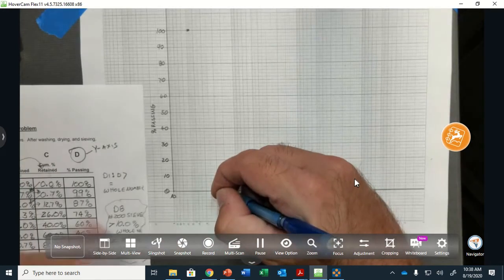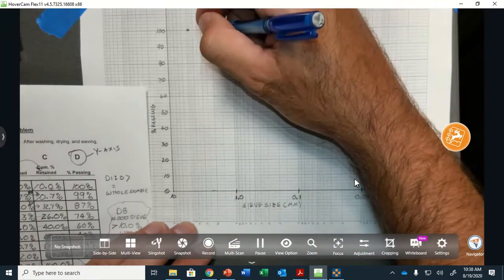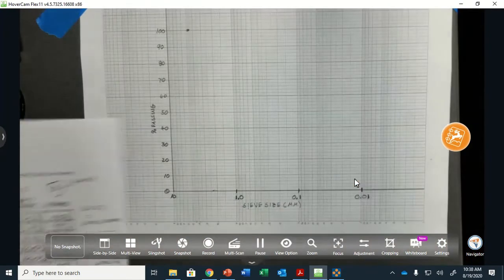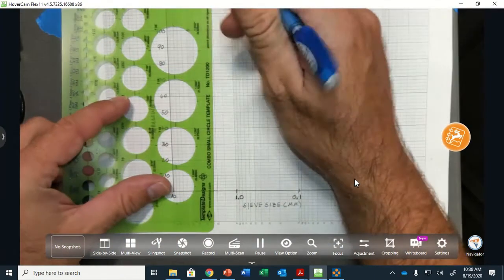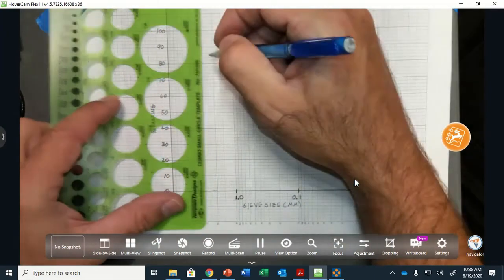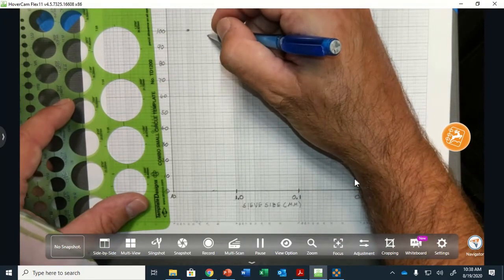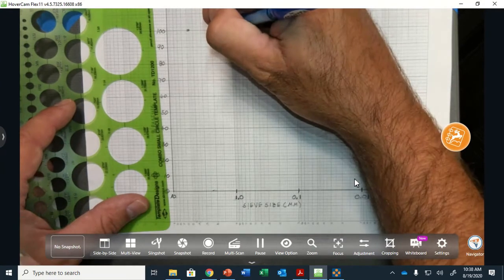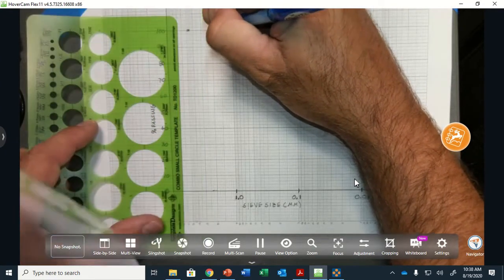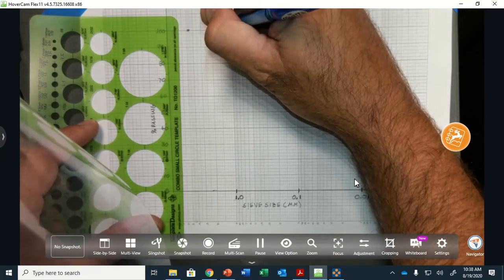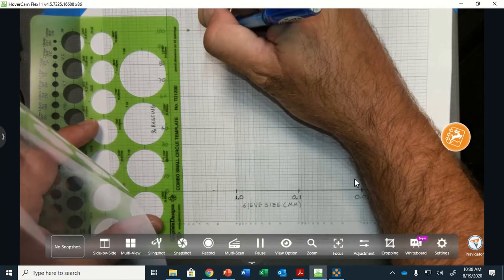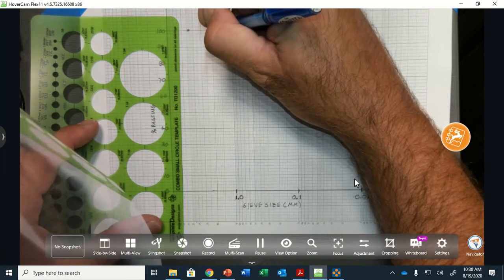And then we have 99% passing. So again, this is tough. I'm going to go to my 99, 2, 4, 6, 8, 10. And 99% is about halfway in the middle there.